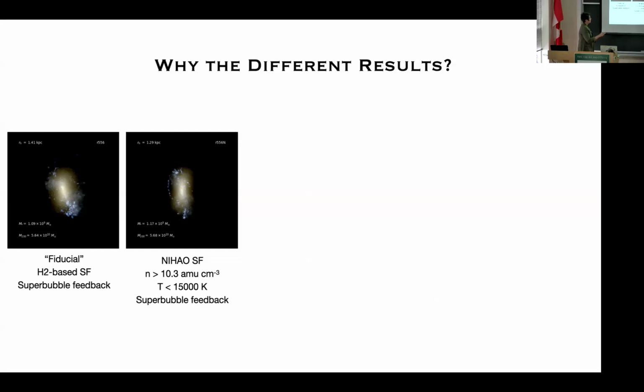And so here is the same galaxy where now all I've done is change the star formation prescription to what NIHAO used. They have a high density threshold. If your density is greater than 10.3 amu per cc, and your gas is below 15,000 Kelvin, there's a chance that it will go on and form stars. And basically, you get the same galaxy out. So it's not the star formation that is the problem.